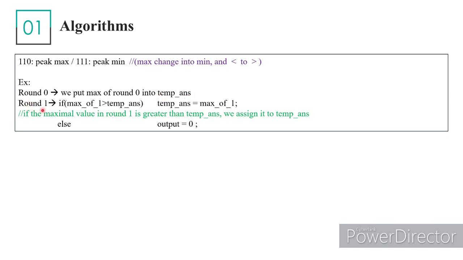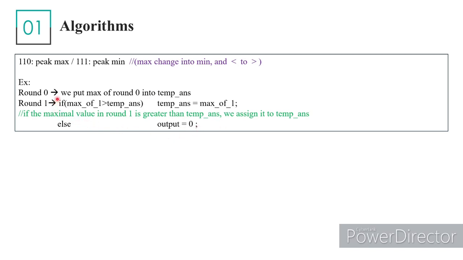In round 1, it will have its own maximum value, which we call max of 1. If max of 1 is greater than the temporary answer, then we set the temporary answer to max of 1, and we output max of 1 in round 1. Otherwise, we should output nothing in round 1.